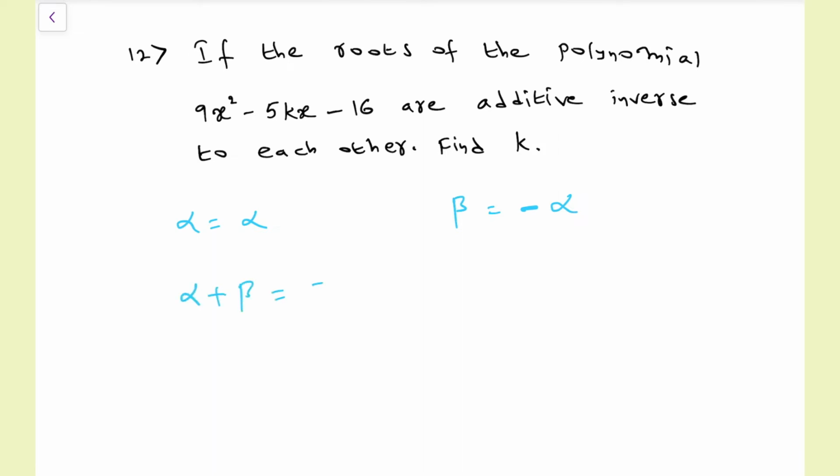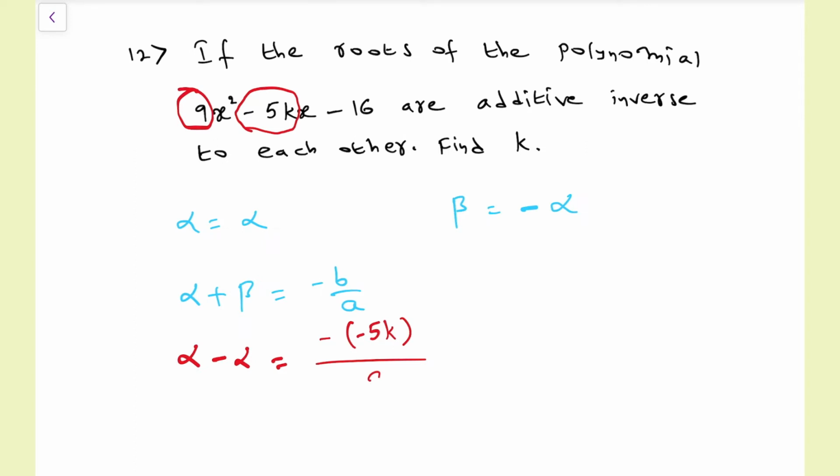We have a formula that is minus b by a. Alpha is alpha, but beta is minus alpha, equals minus b. What is the b value? Here the x coefficient is the b value, that is minus 5k, divided by the a value, the x square coefficient, that is 9.